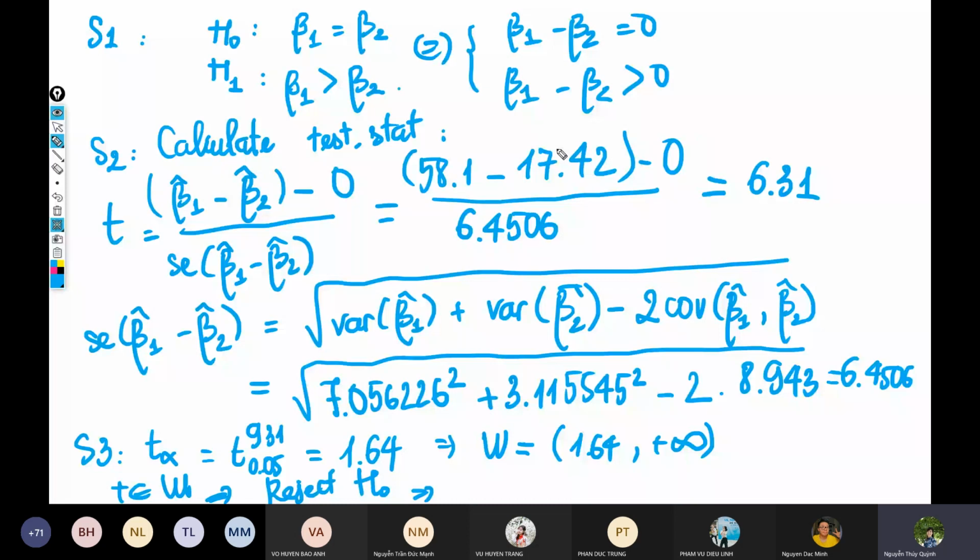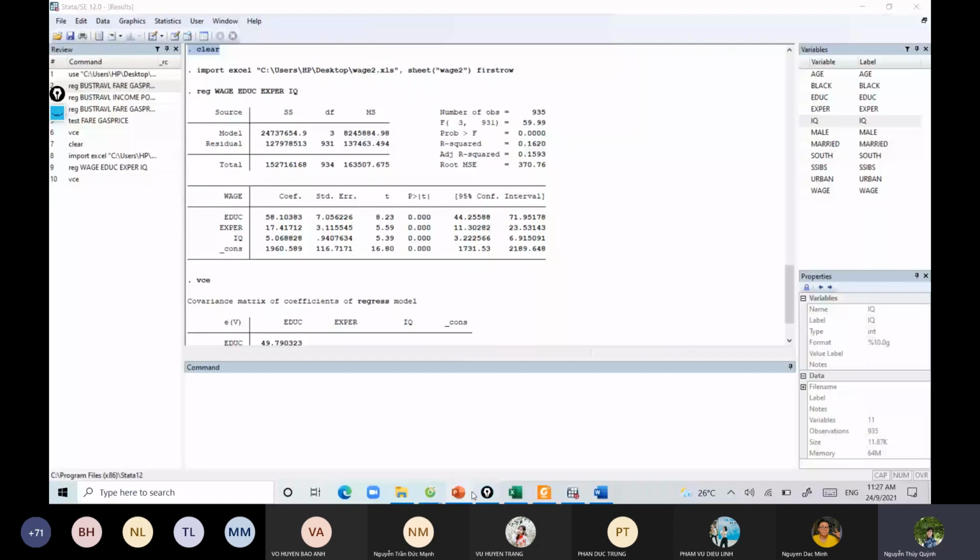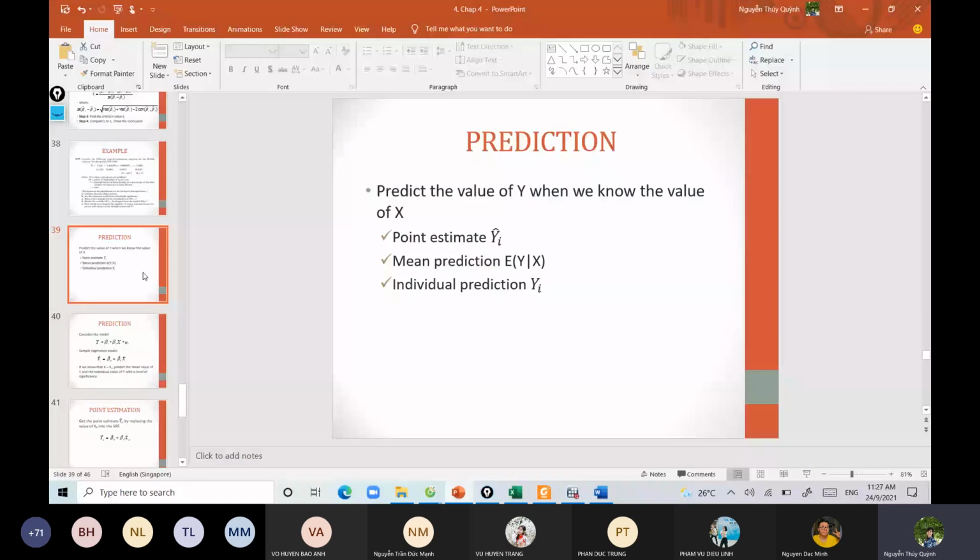Any questions here? Actually, we still have one more thing about the prediction, but it's not so long.